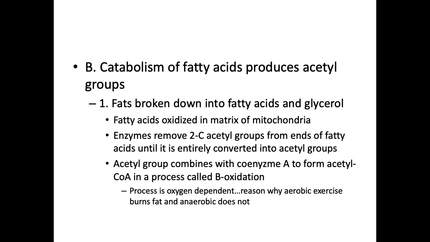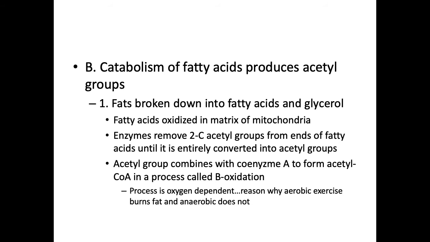All right, how do fatty acids jump into the process of cellular respiration? So fatty acids tend to produce acetyl groups. You break them down into fatty acids and glycerol, and these fatty acids get oxidized in the mitochondria. Then we have enzymes that remove the 2 carbon acetyl groups from the ends of fatty acids until all of them are converted into acetyl groups. And you're like, oh, acetyl groups, hey, that's ringing a bell.